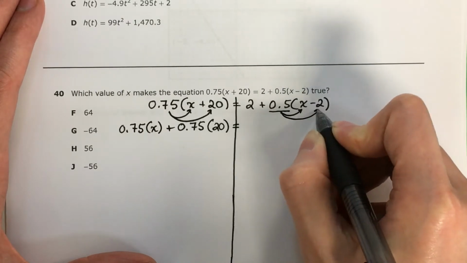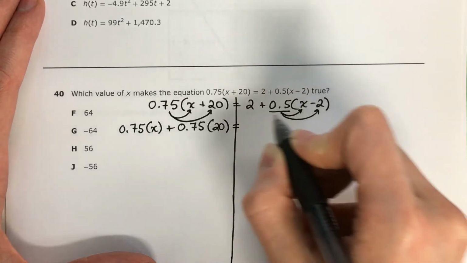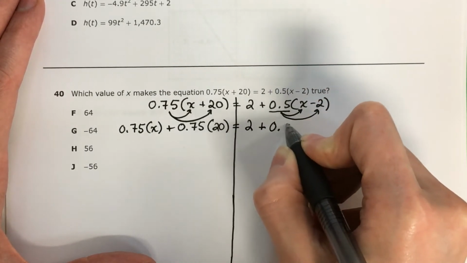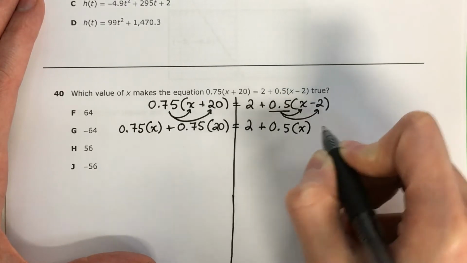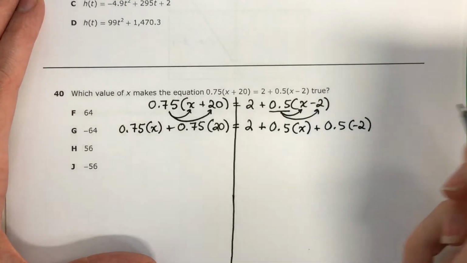So I'm going to do 0.5 times x and 0.5 times negative 2. I'm going to copy 2 plus 0.5 times x plus, again, 0.5 times negative 2.